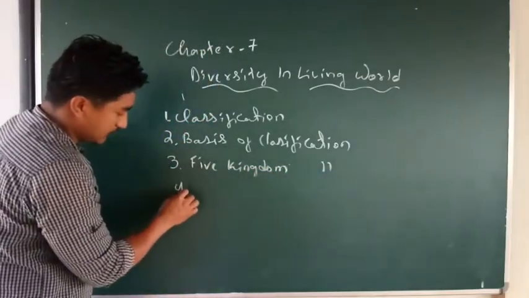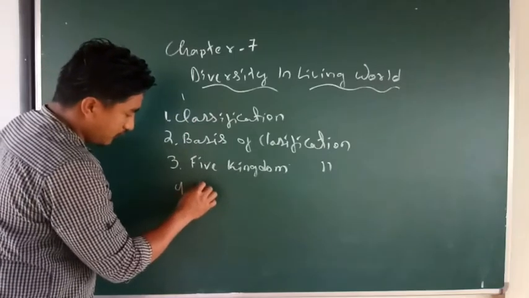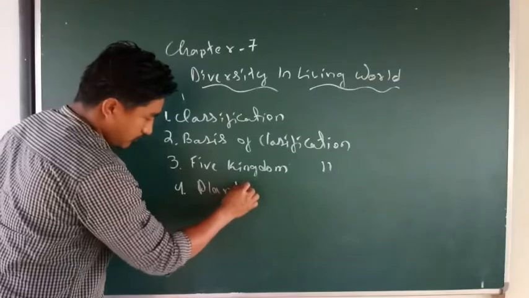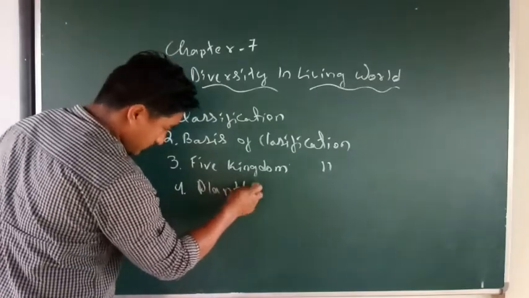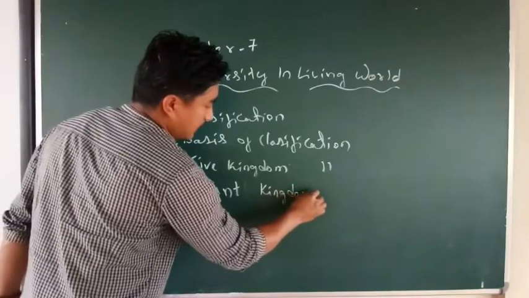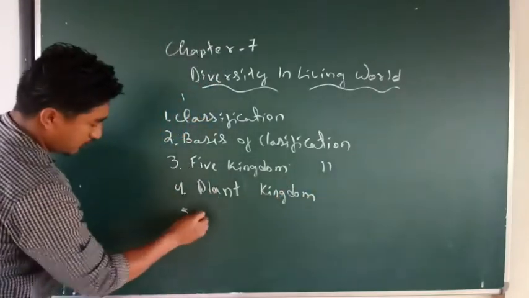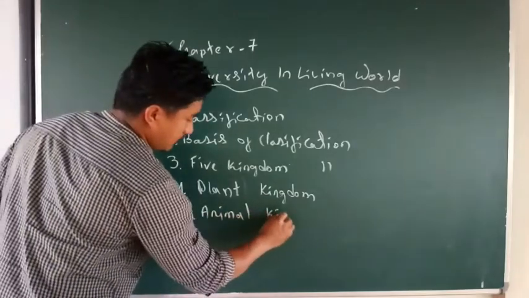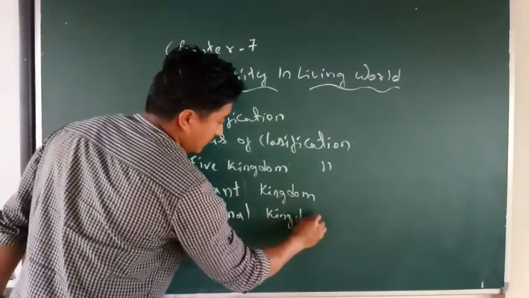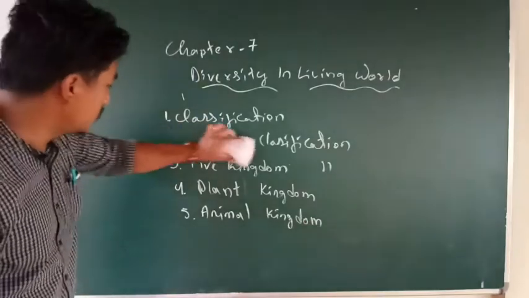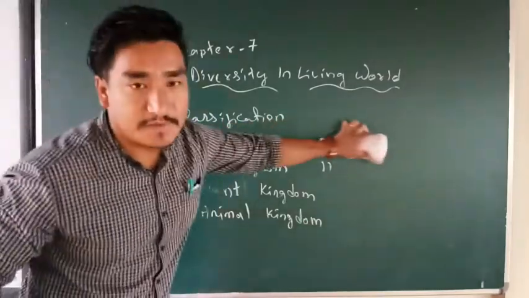Then we'll be discussing the different groups, the plant kingdom and the animal kingdom. So now the first point is classification.